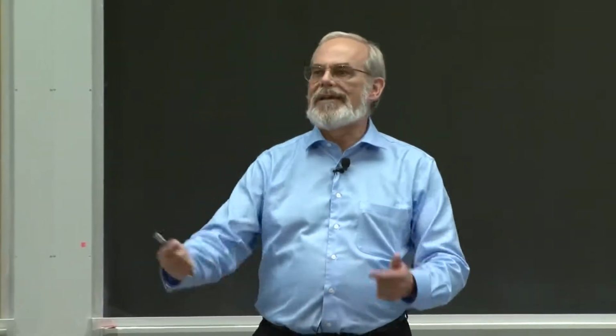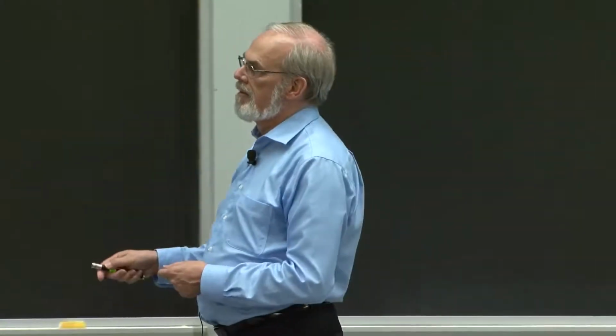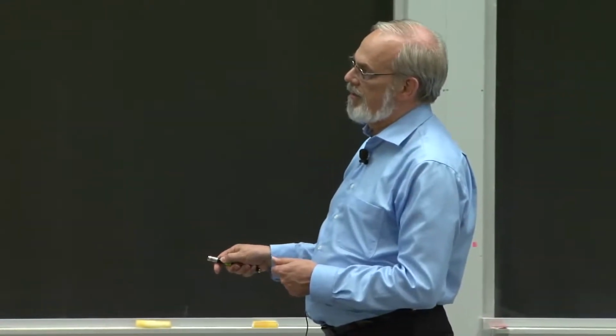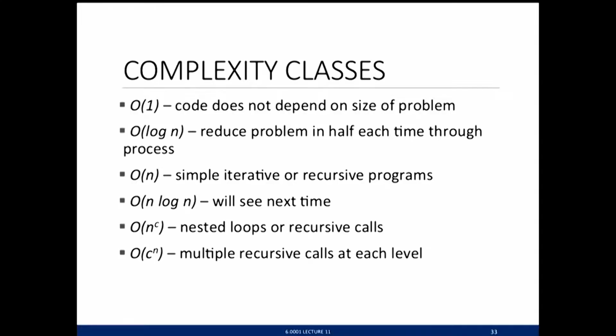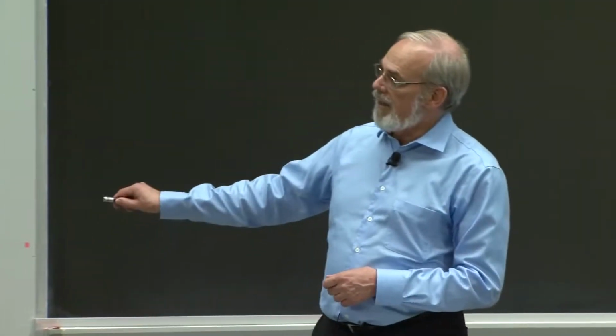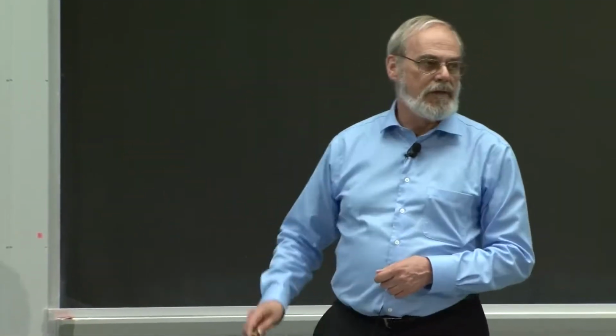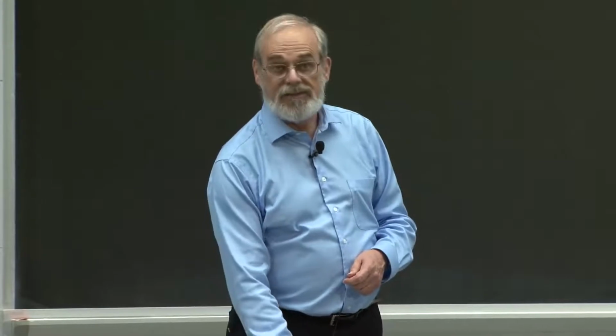I'm looping over something, and inside of there I'm looping over something else on a size that depends on the size of the problem. And then we just saw this last one, multiple recursive calls at each level tends to be characteristic of exponential. And as I said, we'd like to be as high up in this list as we can because those are really nice algorithms to have.